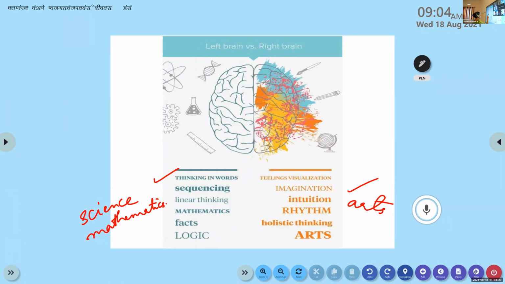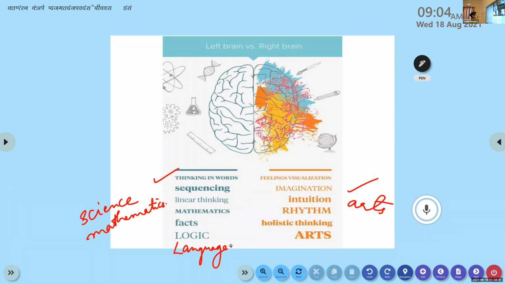Always remember, left for language and logic. If the left hemisphere is dominant, then you are very good in language oriented things, science, mathematics, logical thinking, and so on.